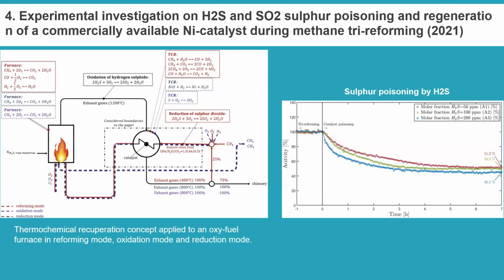The fourth paper studies hydrogen sulfide and sulfur dioxide poisoning in nickel catalyst during methane reforming. In the study of sulfur poisoning by hydrogen sulfide, the activity at all measured hydrogen sulfide concentrations shows a strong decrease at the beginning of sulfur poisoning. With the passing of time, the deactivation approaches zero. Hydrogen sulfide is preferentially adsorbed at the most active nickel sites of the catalyst, resulting in a strong decrease of the catalyst activity, especially at the beginning, for hydrogen sulfide poisoning during steam reforming of methane.